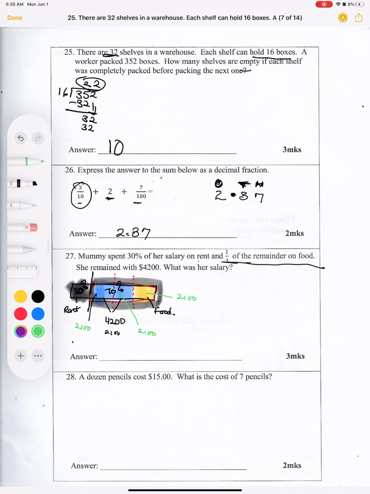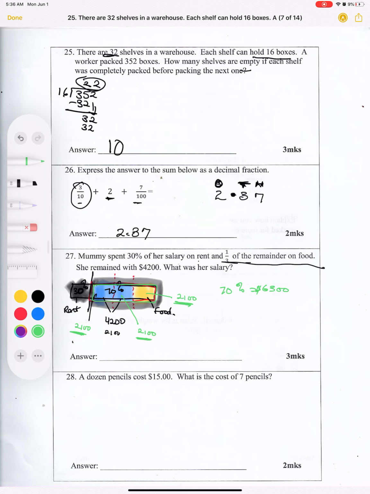Great. So if you can see now that 70%, how much money does 70% represent? $2,100, another $2,100, and another $2,100 equals 70%. How much is that? We can add that mentally. 1, 2, 3, 2, 4, 6. 70% equals $6,300.